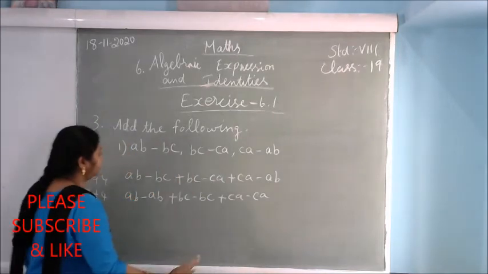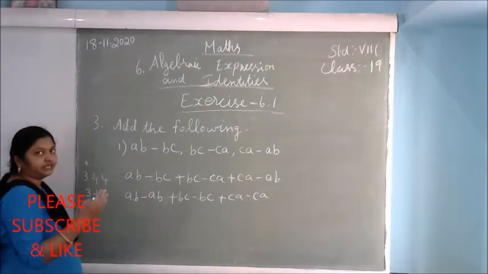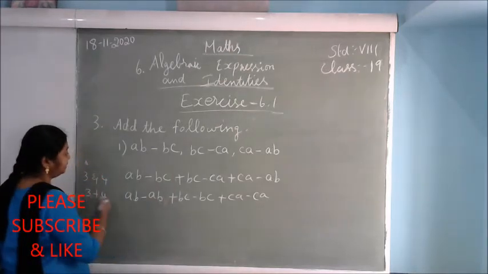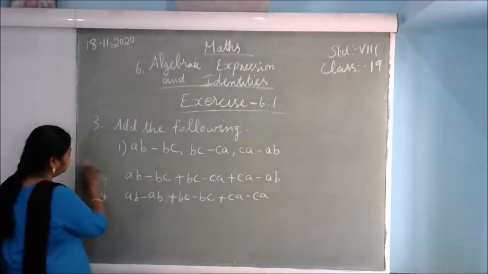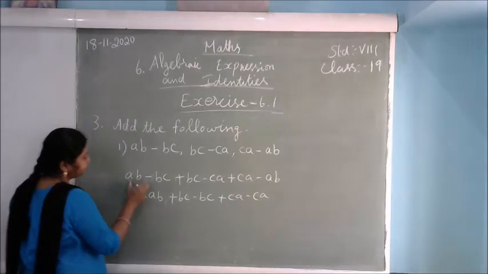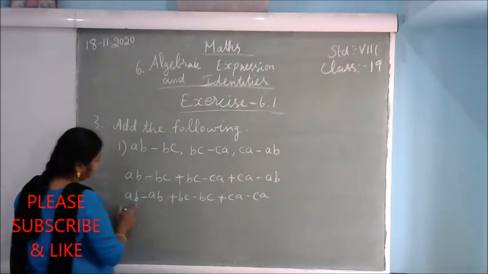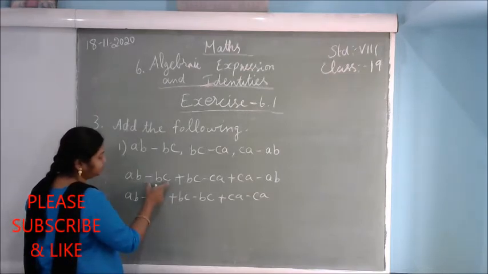And afterwards, like terms: like terms means the variables should be equal. The like terms are separated. See AB, I separated AB. Next, here is the minus AB. So AB minus AB. Next, minus BC.